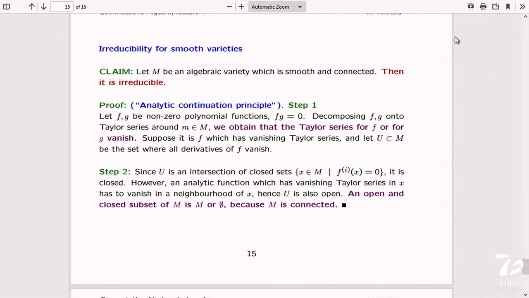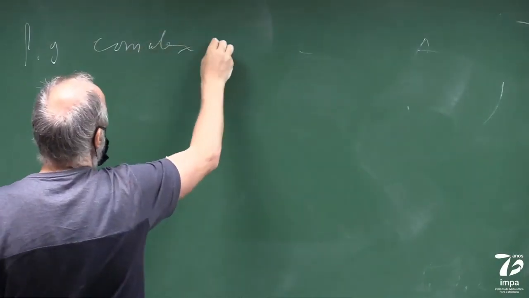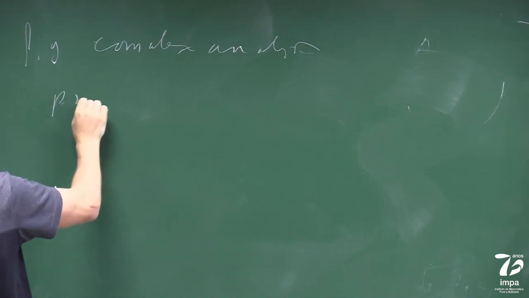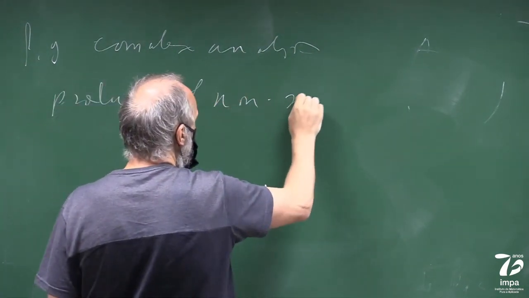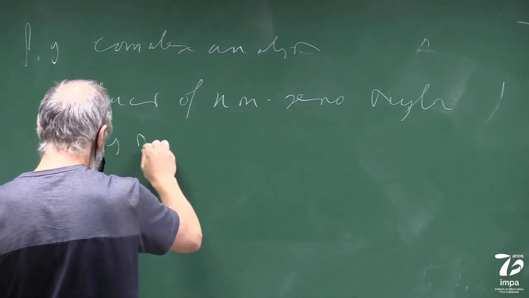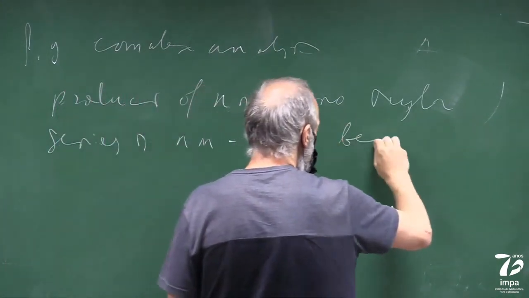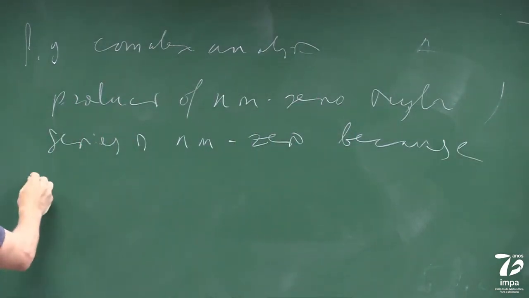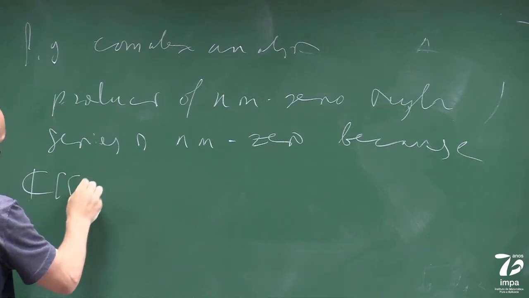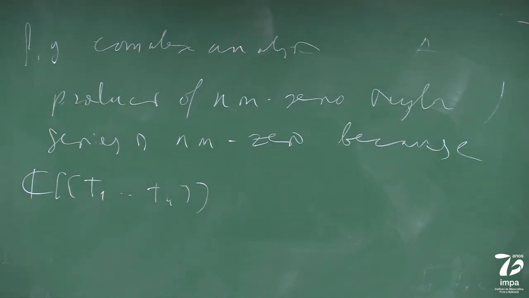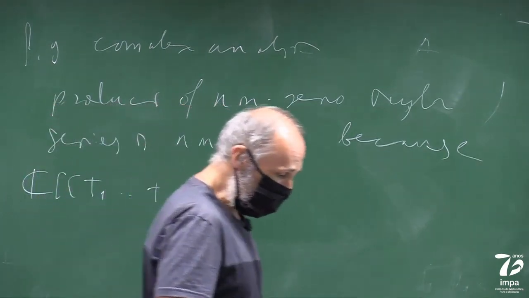The first is that if you have Taylor series, so f and g complex analytic, you can take the product of the Taylor series, and the product of non-zero Taylor series is non-zero, because you can embed Taylor series into formal series and consider the ring of formal power series. It's the ring of infinite series without any condition of convergence.